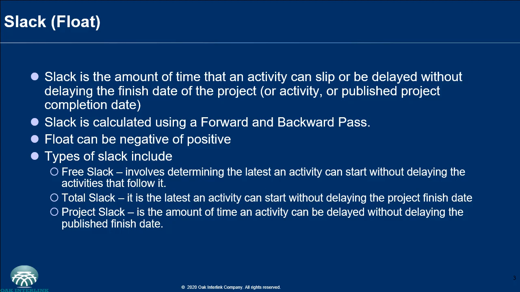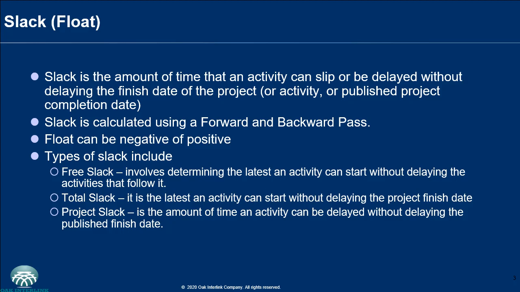Because slack is one of the defining characteristics of the critical path, it's important to understand the concept of slack, otherwise known as float. It is the amount of time that an activity can be delayed without delaying the finish date of the project, or that of the activity next to it, or the published project completion date.